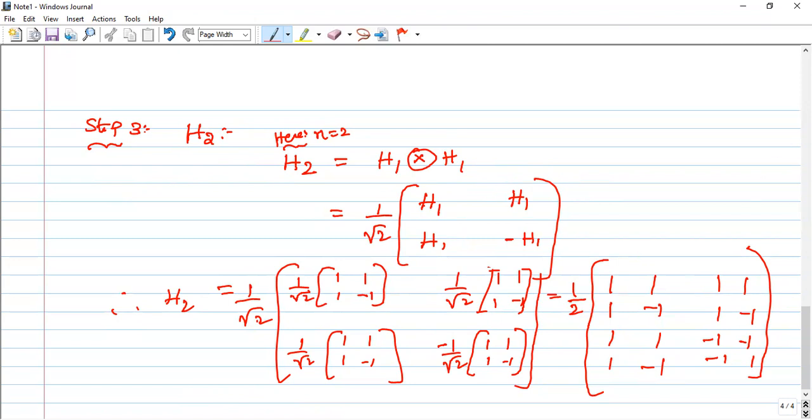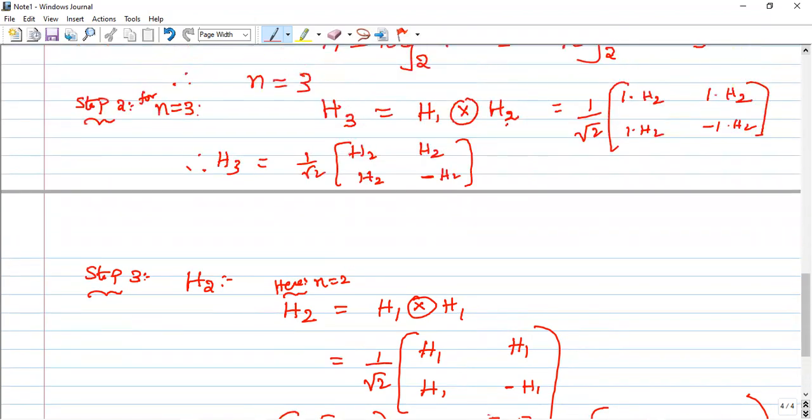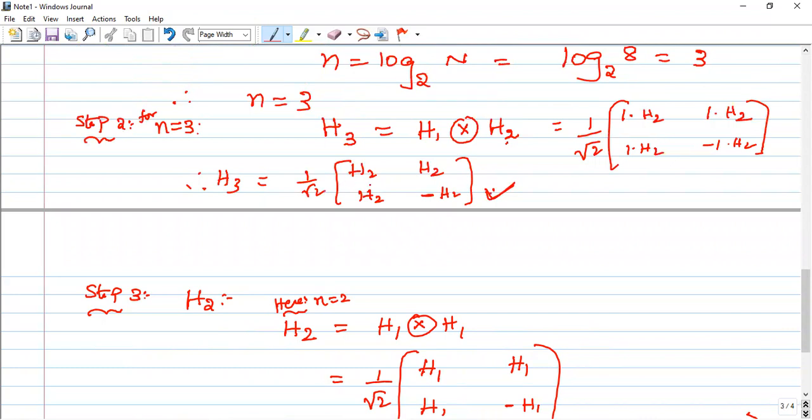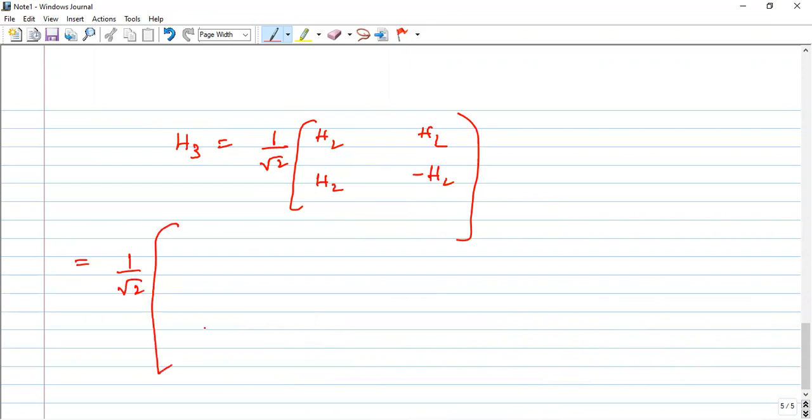Now substitute this H2 in H3. So H3 is equal to 1 by root 2 into H2, H2, H2, minus H2. Now substitute H2 here: 1 by root 2 of 1 by 2 into the H2 matrix.